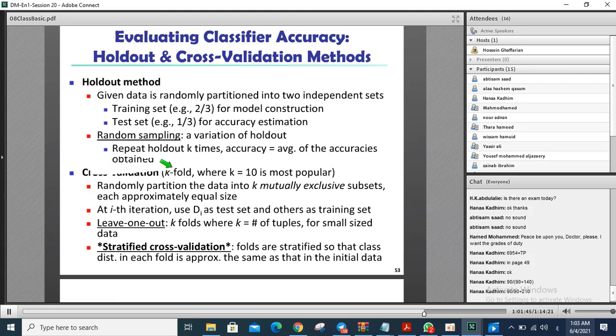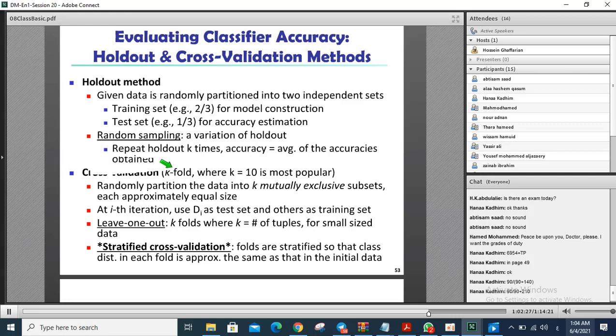For example, if I have 10 different partitions, in the first iteration I'm selecting the first fold as a test set, and the rest of the 9 folds, from fold 2 to fold 10, are selected as the train set. In the second iteration, I'm choosing the second fold as a test set, and the rest of the folds would be the training set.